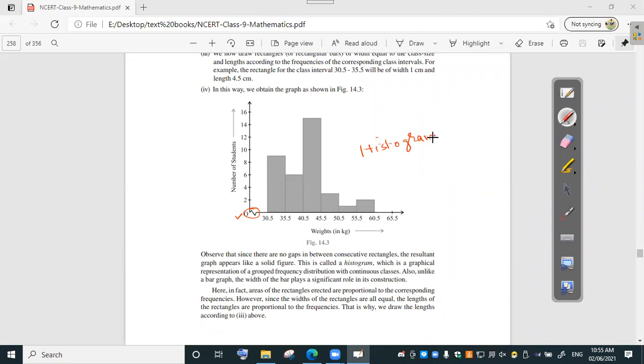In a histogram, there is no gap. But in a bar graph, you will find a gap. Got it? So the data will be given, and you have to draw the histogram.